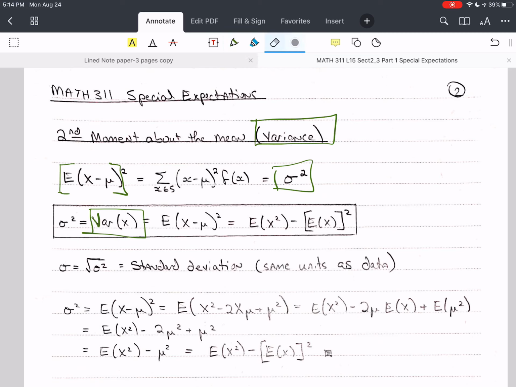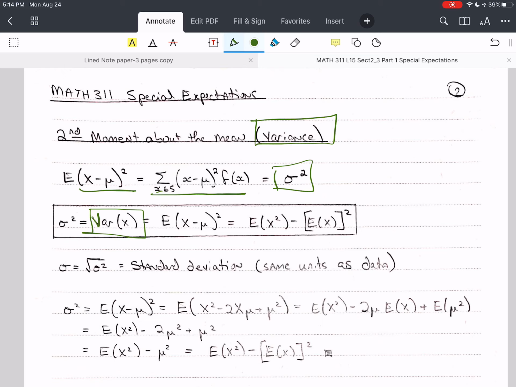We're saying that we are taking the square of the x minus mu. So when we take this expectation, we can write it as a sum, (x minus mu) squared, f of x. And again, we call it sigma squared.